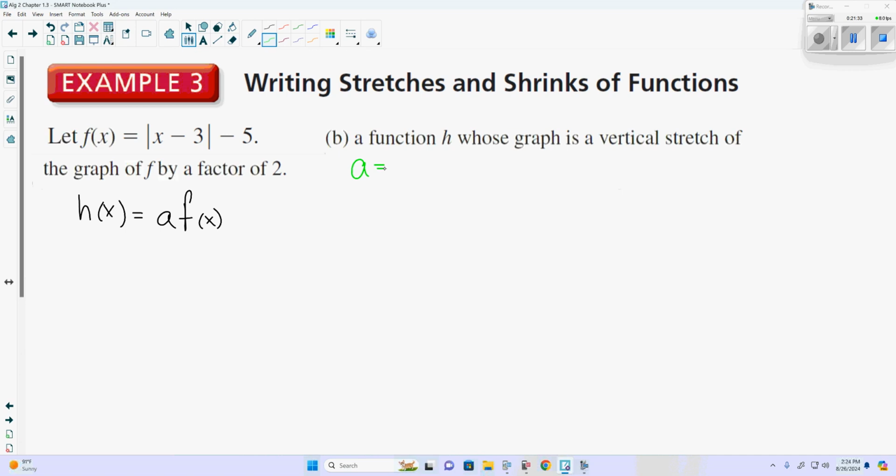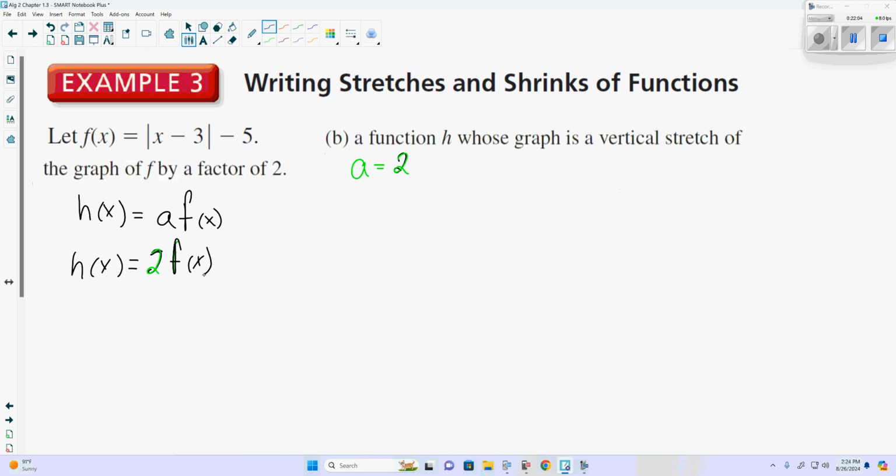Here our a value is 2. So in the general form, since a is 2, we replace a with 2. So we get 2 times f of x.